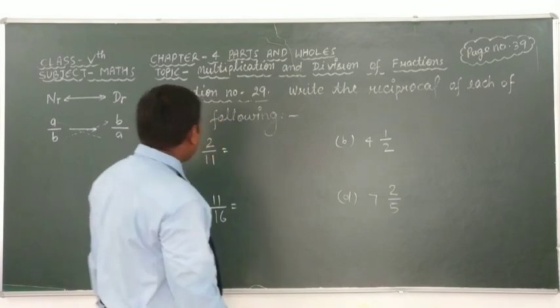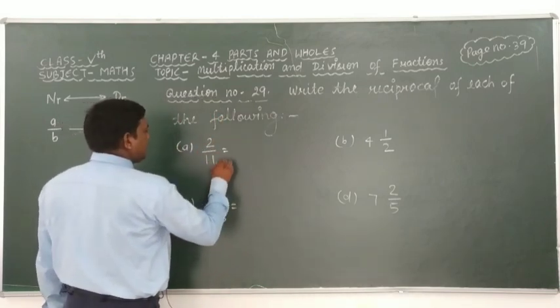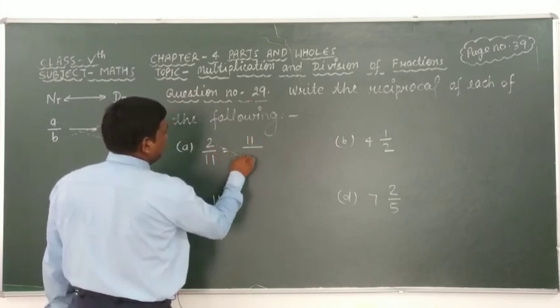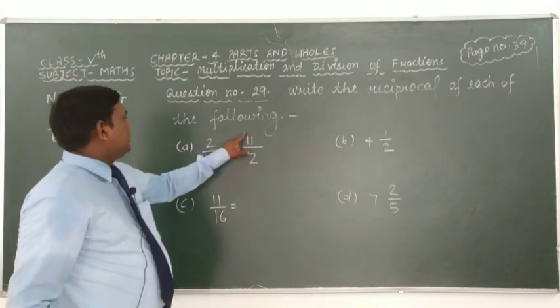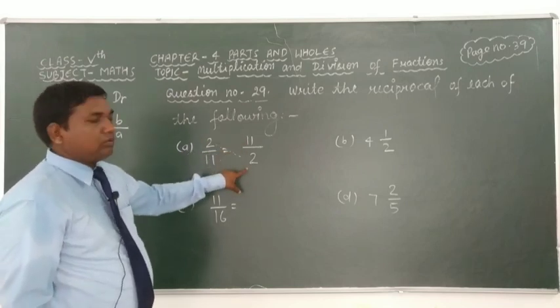Okay students, look at here carefully. Here given is 2 over 11, it means we write 11 in numerator and 2 in denominator. Understand? Then the reciprocal of 2 over 11 is equal to 11 over 2.